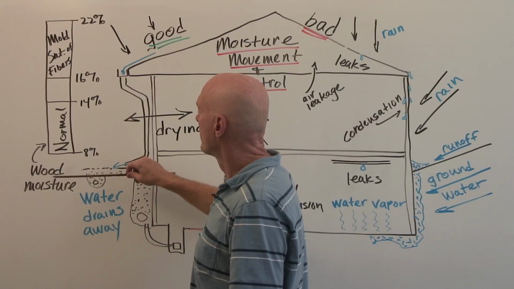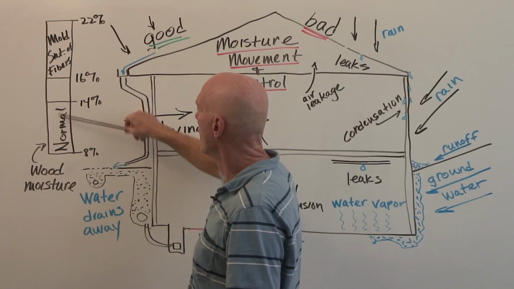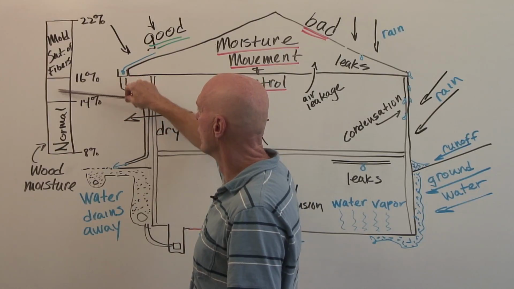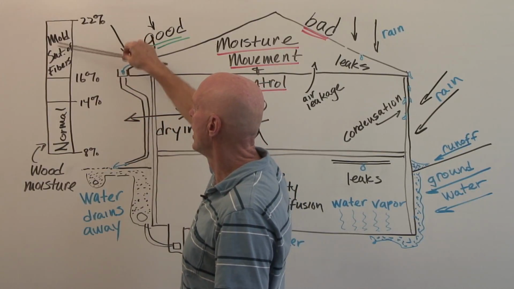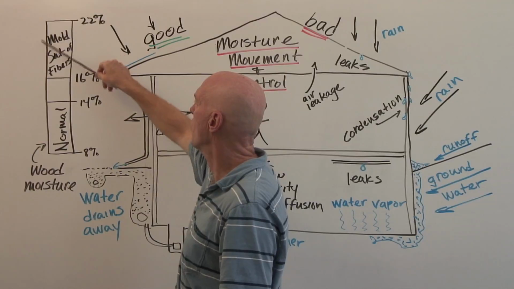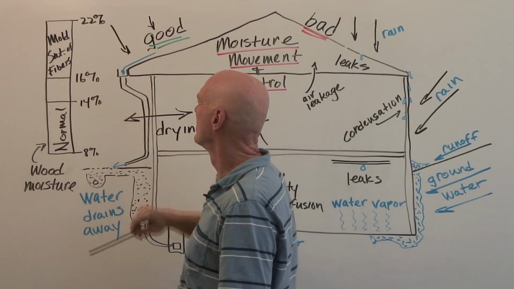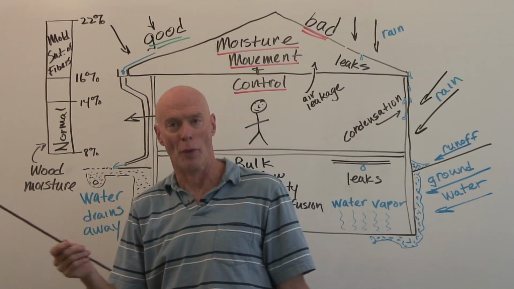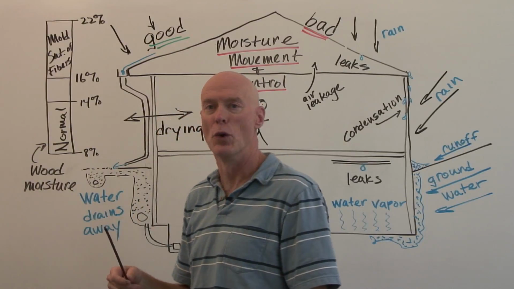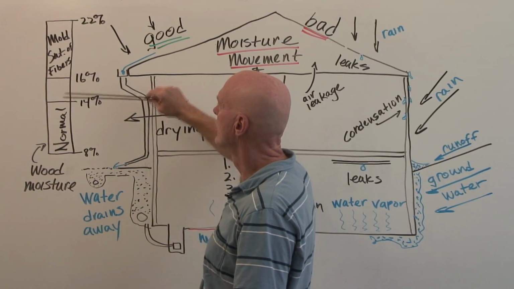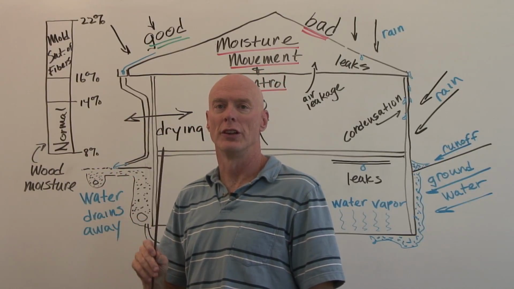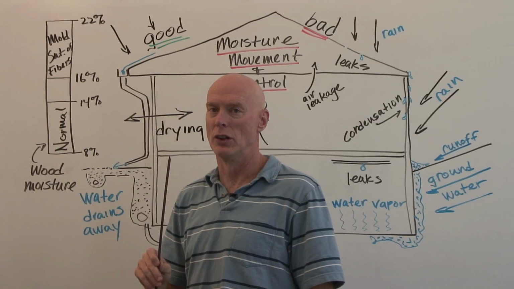The chart shows the normal to dry range of moisture, a borderline area, and then the fiber saturation area where mold is formed. We've got 8% to 14% is normal. That's just the normal percentage of moisture in wood. 14 to 16% is borderline. That's where we're concerned about the moisture level.